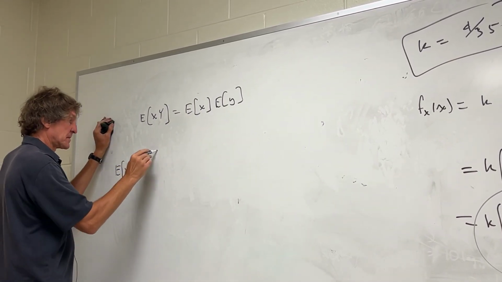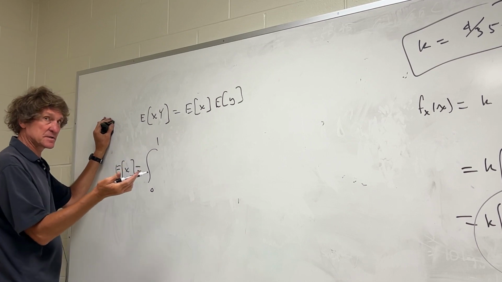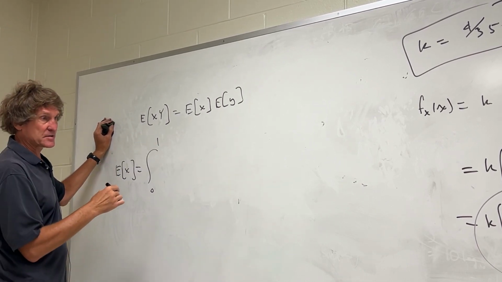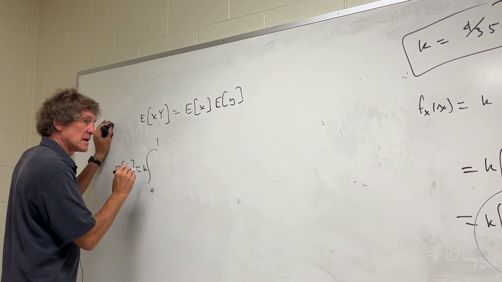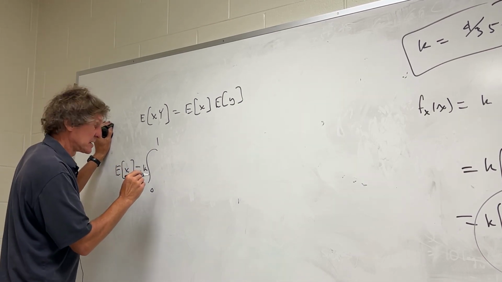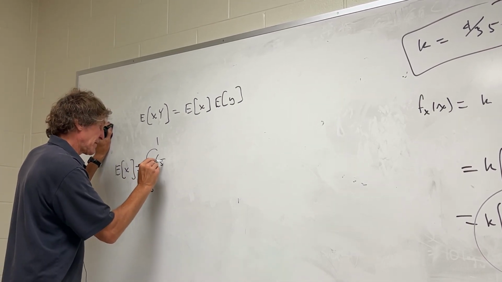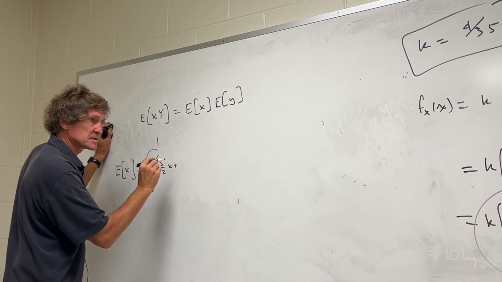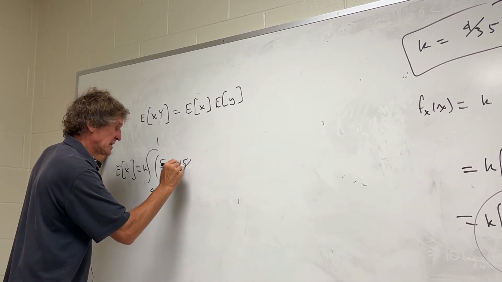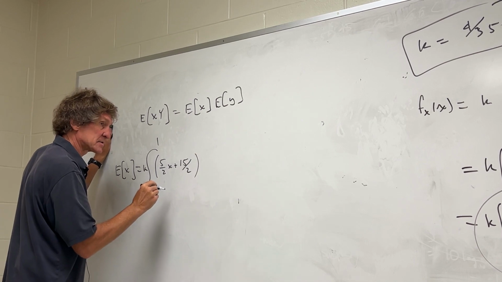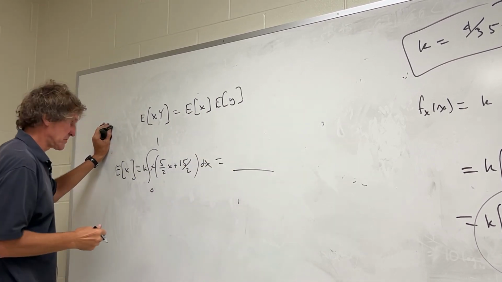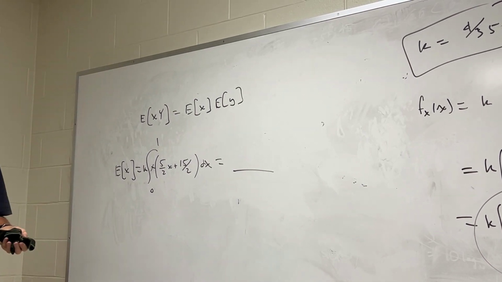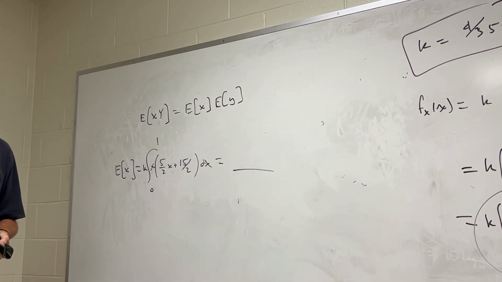It's the integral from 0 to 1, where it exists, of f of x, and f of x is going to be k times (5/2 x plus ...) times x dx. It's kind of an irritating, long problem. We'll get to this value, but you all agree that would be the expected value of x? I take f of x times x.